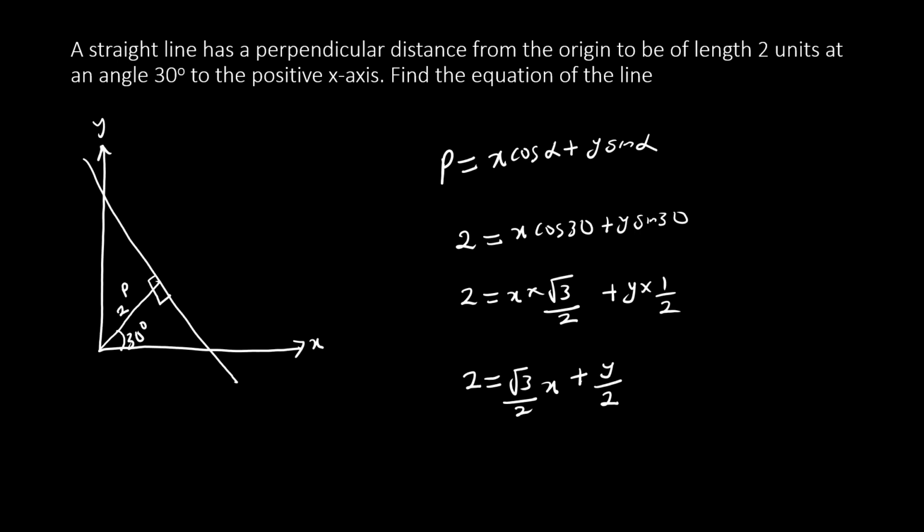You can choose to leave our answer like this, or we can extend by multiplying through by 2. If you multiply through by 2, we are going to have 4 = root 3 x + y. We can also leave the answer like this.